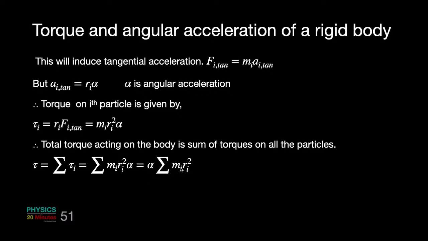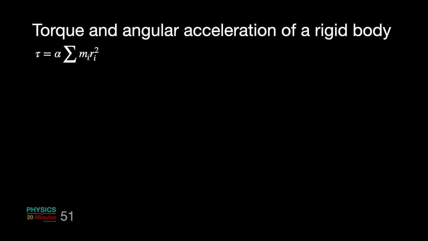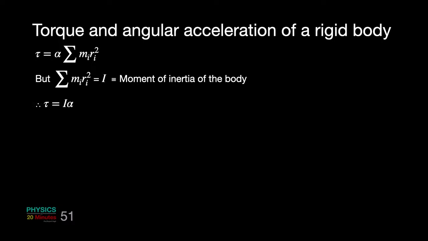You get sigma m_i r_i square. But this quantity, sigma m_i r_i square, is nothing but the moment of inertia of the body. We defined it in the last class. So the torque is equal to I times alpha. This is for a rigid body. I can always write that torque is equal to its moment of inertia times angular acceleration.